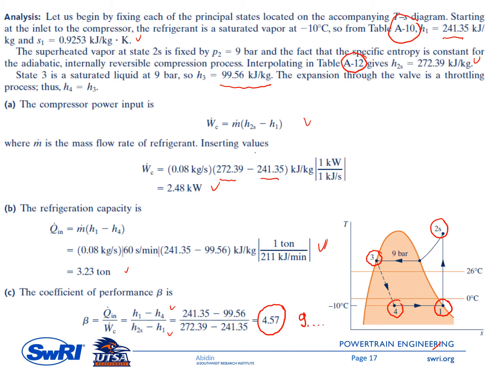So you can see here, by introducing the delta T, a significant drop of beta from around, I believe, 9.54 to 4.57. So it's half, because of the performance reduction from this delta T.